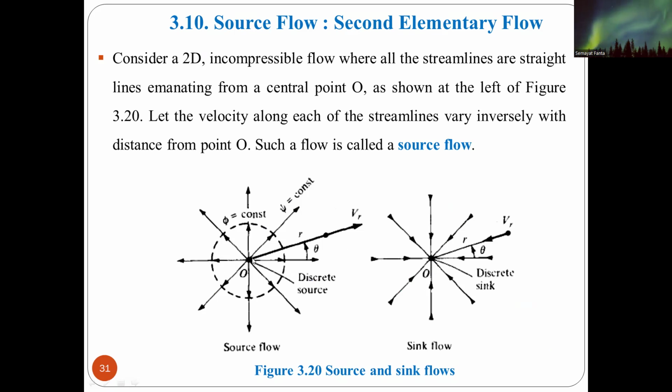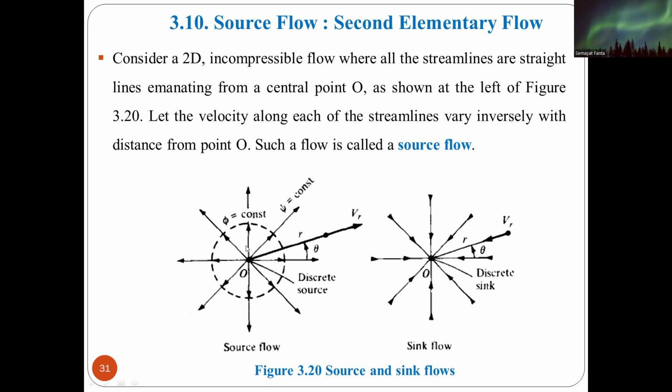So we have V r at some theta angle, and along the streamline, psi is equal to constant, and at some r, phi is equal to constant. About this dotted line, phi is constant, and about these lines, psi is constant. So this is the source and sink representation.